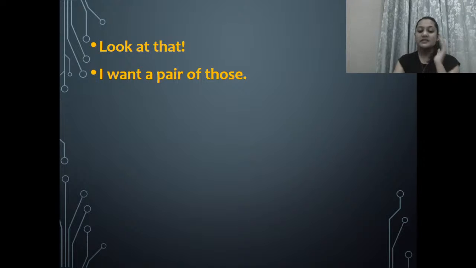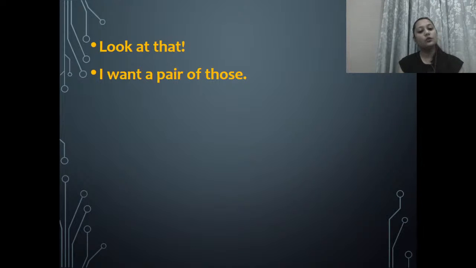I'm pointing at something, but there is no noun attached to it, right? That is why we have just said, look at that. Now there is no noun attached to it, so it is definitely a pronoun.